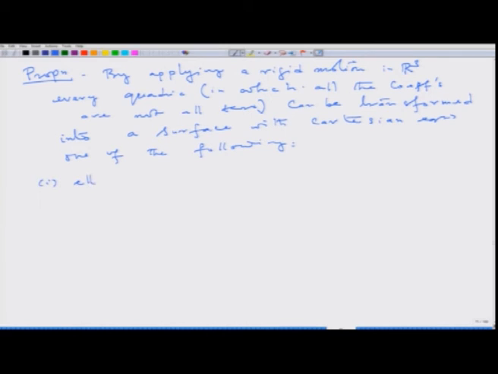1, ellipsoid, this is of the form x square by p square plus y square by q square plus z square by r square equal to 1, where p, q, r throughout are non-zero constants. Okay.